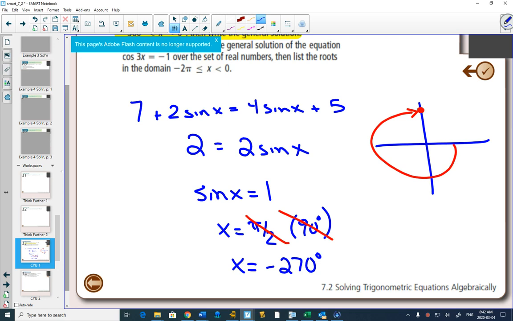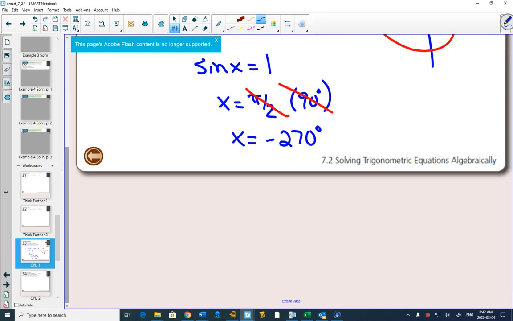Negative 270 degrees. And in this case, would you agree that in one full time around there's only one solution? That 90 degrees or negative 270 degrees is the only solution.